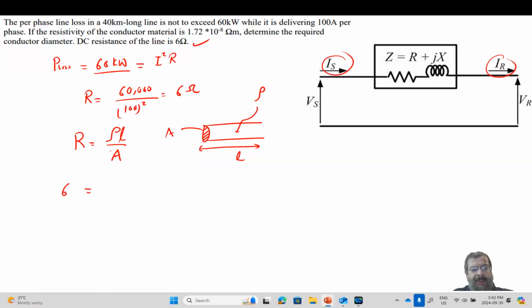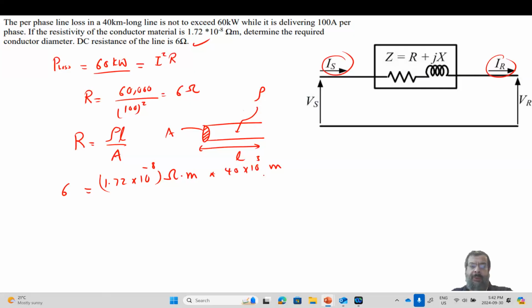Equal to rho, we have 1.72 times 10 to the minus 8 ohm dot meter. Now, very important here to watch also the units so that you will not get the wrong number. So this is ohm dot meter times the length. What is the length? This is 40 kilometer or 40 times 10 to the power 3 meter.